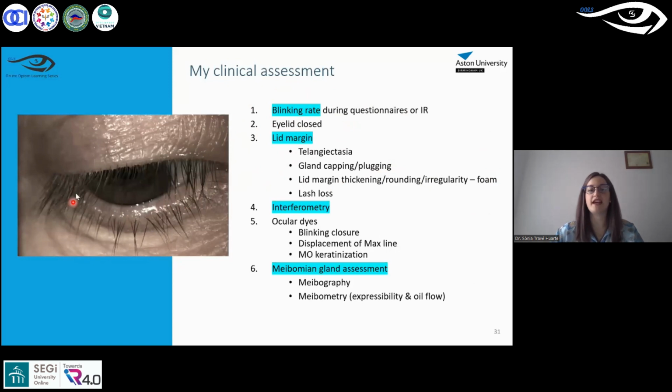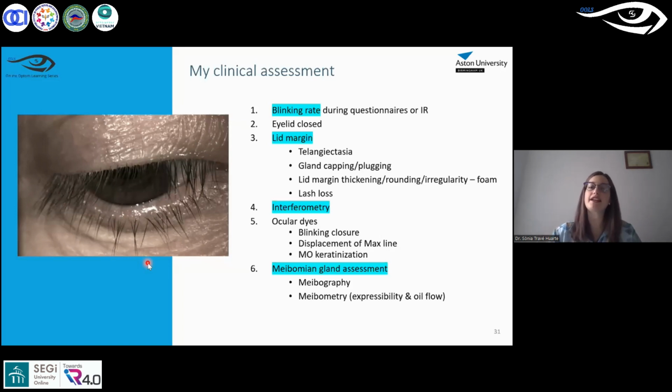I want to see if there are any blood vessels, any plugging, capping, rounding, notching, any foaming of the lipids, any lash loss. Looking at the lashes is very important because we need to understand if it's more of an anterior blepharitis, a posterior blepharitis, or a full MGD. So you need to look into all those little details.